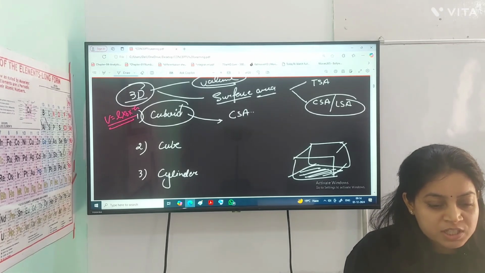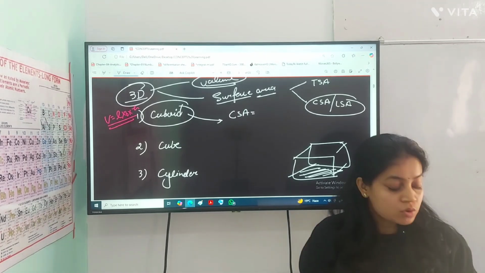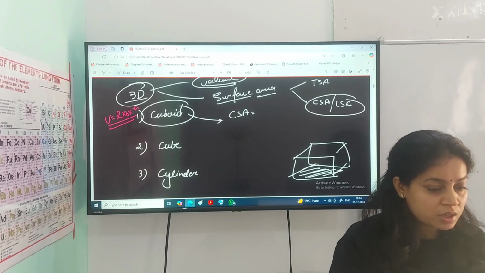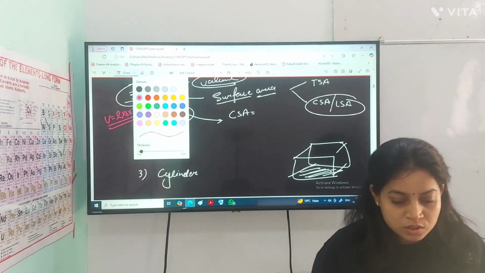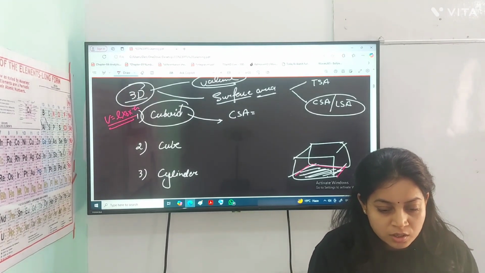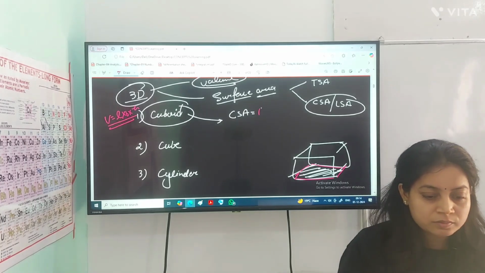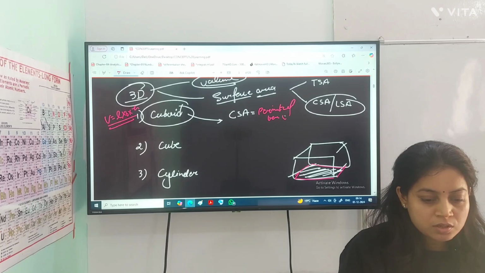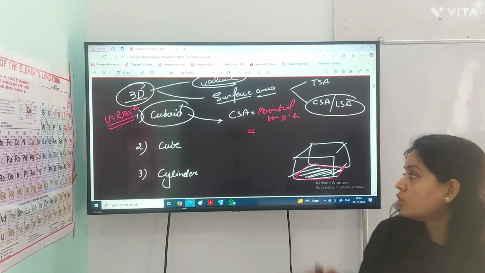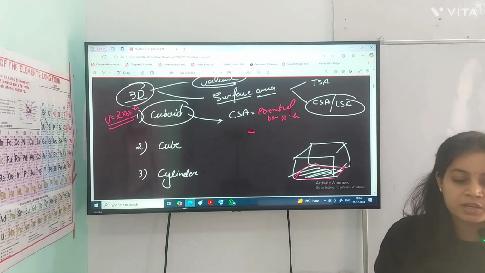After that, I will give you a specific formula for the curved surface area. So where do we always get the curved surface area from? Because we need the area of the walls, we take the perimeter of the base into height. So what is the perimeter of this base? Base is a rectangle.